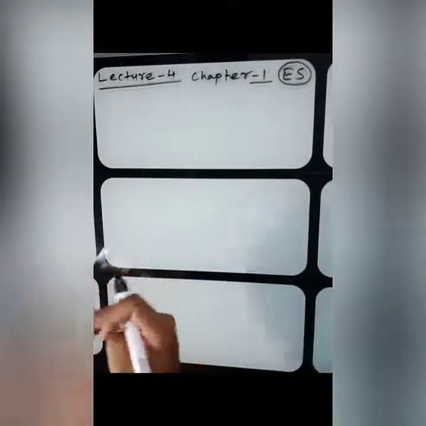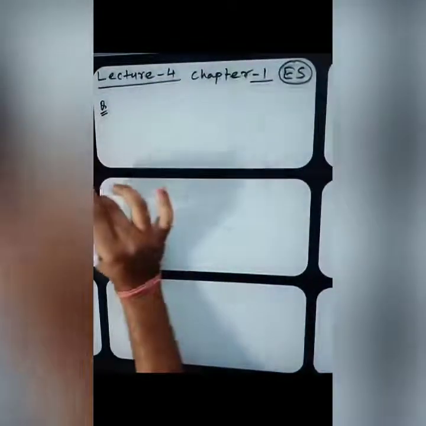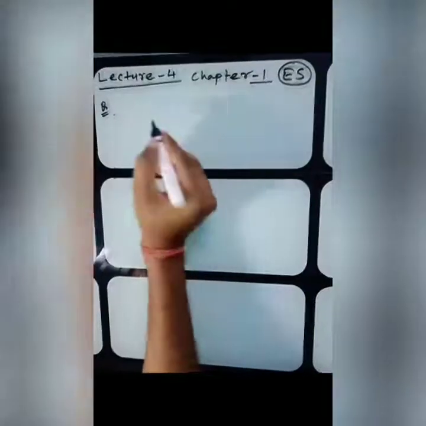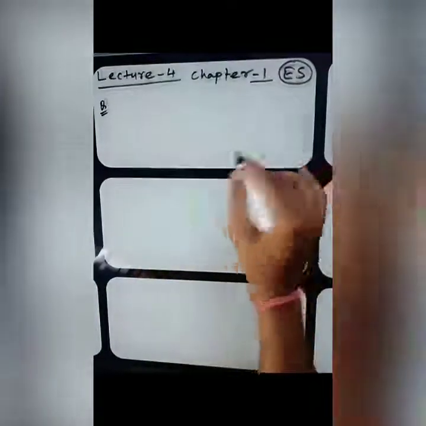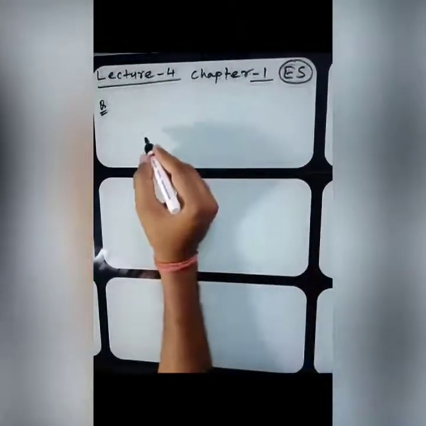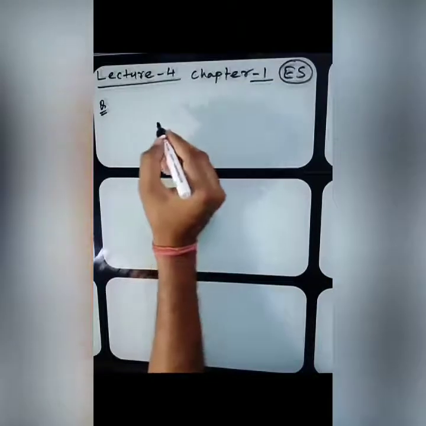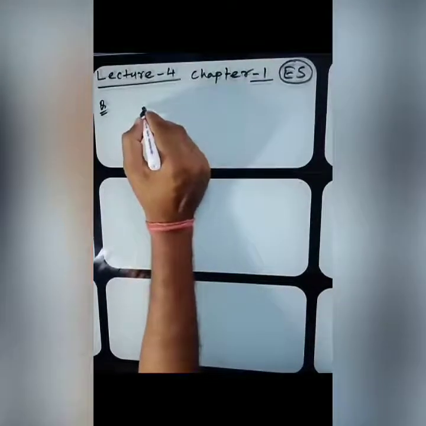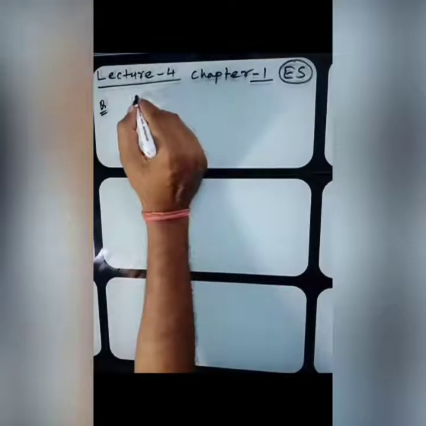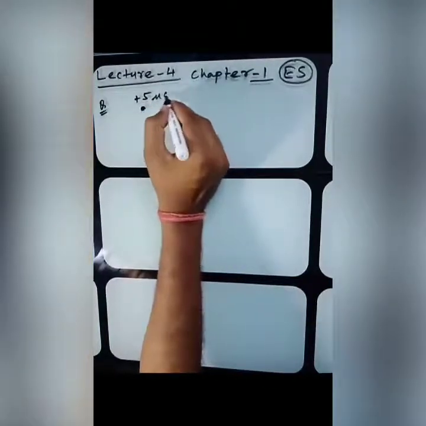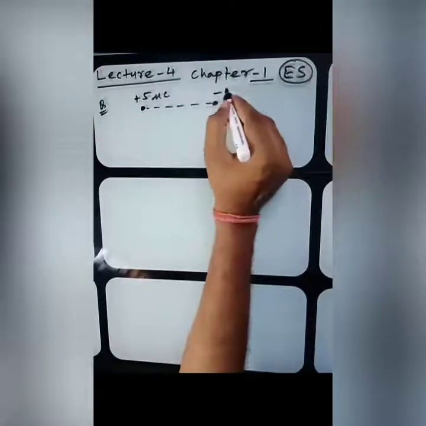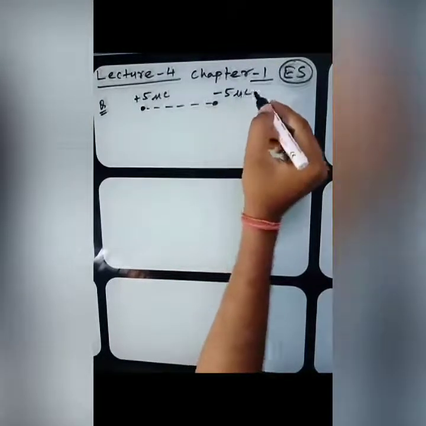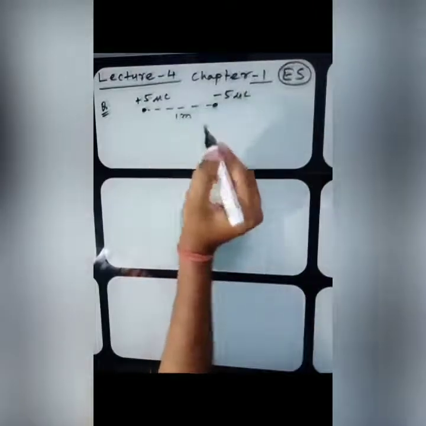Now try to solve a very simple question, and then we'll move to the next law. Try to solve by yourself the very simple question I'm giving you, students. I'm not writing the question, as it would waste your time. I'm directly giving you the question by the diagram. You have two charges, Q1 as plus 5 microcoulomb and Q2 as minus 5 microcoulomb, separated by 1 meter.